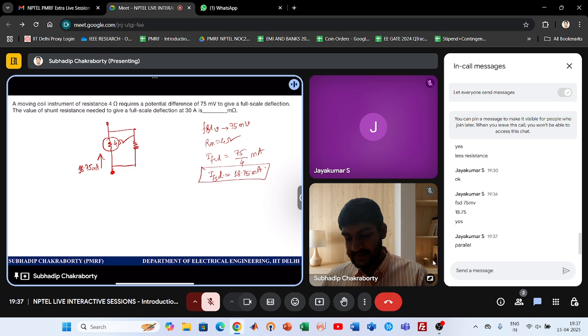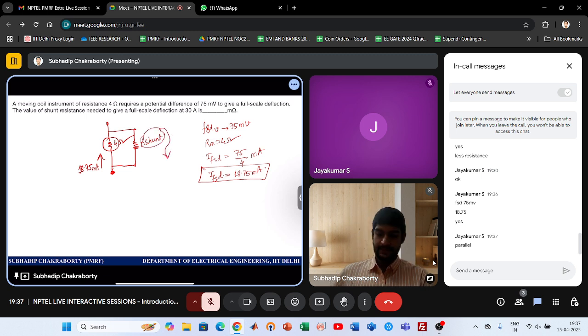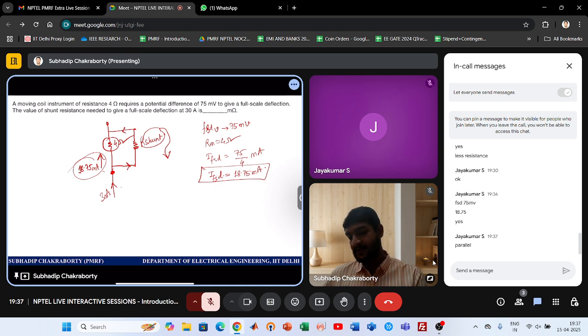So I need an R shunt, a much lower shunt value, and I want to push 30 ampere so that this much current at full scale goes here and the remaining current passes through the shunt so that both can merge and then form again 30 ampere at full scale, right?